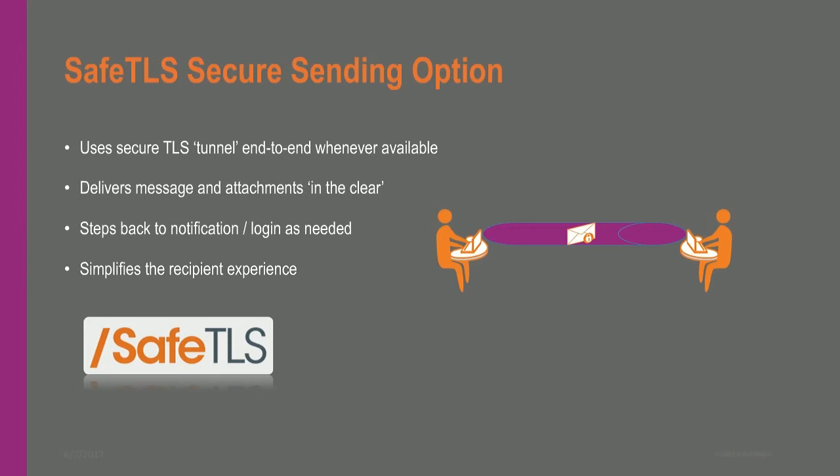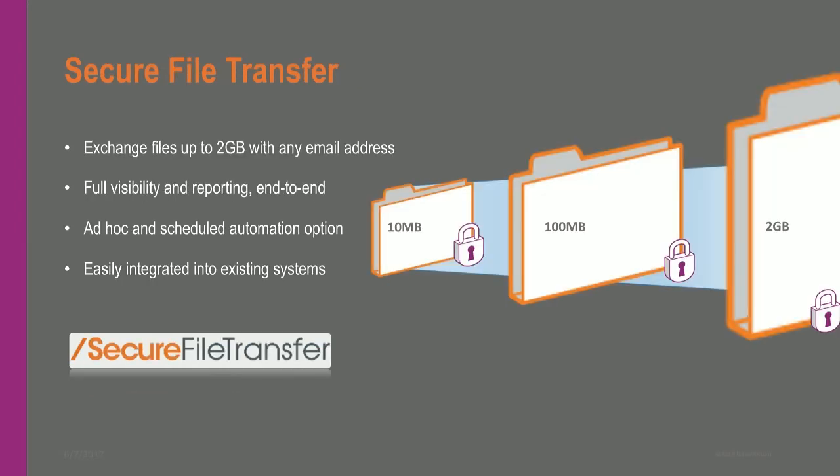So everything arrives in the clear, no extra steps are required for recipients, and they really love that, of course. Our Safe TLS implementation verifies the secure TLS tunnel is there. If it's not, it drops back to standard encrypted exchange methods, so you're sure that your email is being sent secure.